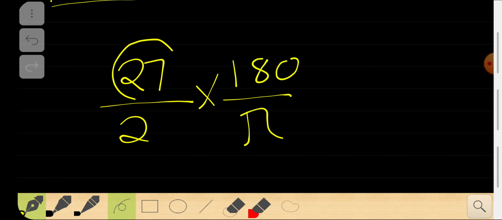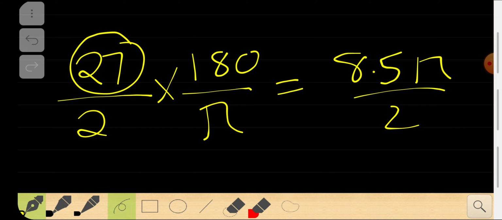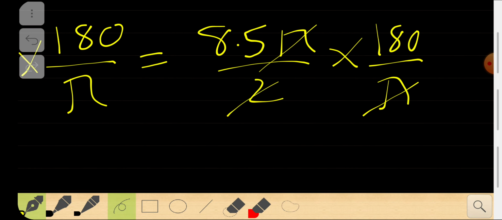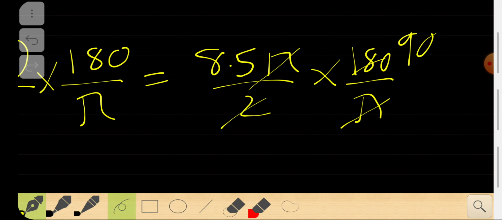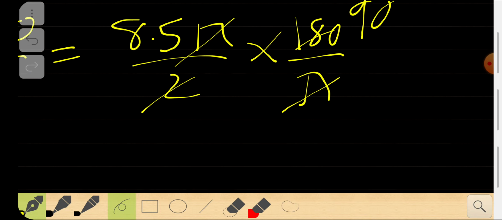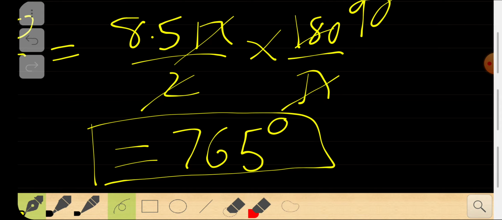So you can write 27 as 8.5 times 3.14, which is pi. So you can write it simply as 8.5 times pi by 2 times 180 by pi, right? So pi cancels and you get 8.5 times 90, which is around 765 degrees. Okay, that's the rotational angle.